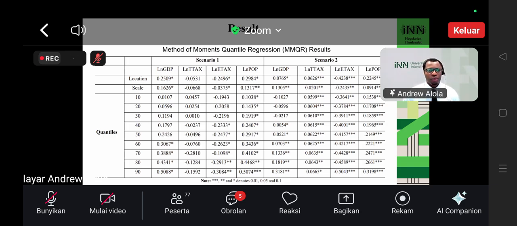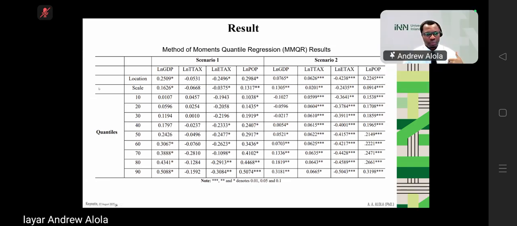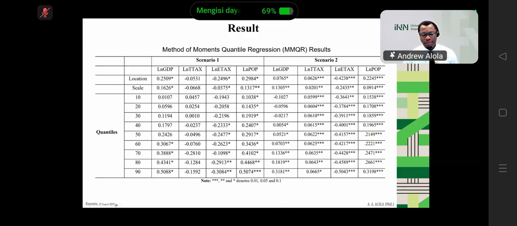If you look at the screen, you will see that economic growth, which is the GDP, in both cases, either for scenario one and scenario two, is significant, especially in the second scenario, almost all, but maybe in the mid quartiles, there is no level of significance.